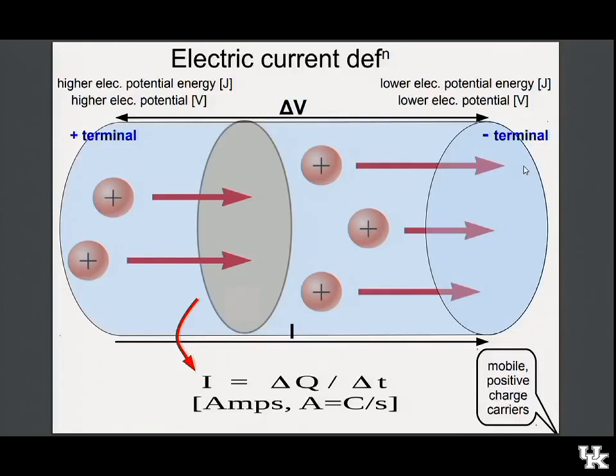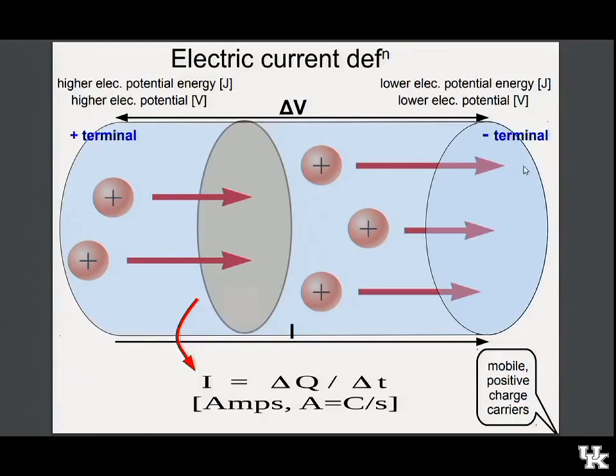So in my picture here, over on the far left, this is a higher electrical potential. I call it the positive end of the wire, the positive terminal of the wire. Over here on the right, this is at a lower electrical potential. This is what I call the negative end, the negative terminal of the wire. Now we're peering into the wire, and this wire happens to be filled with charges that move, what we call mobile charges. And these charges happen to be positive charges.